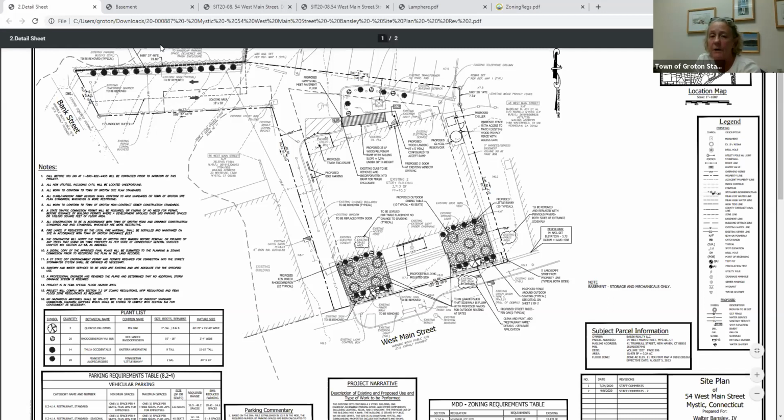But Bruce is right. The zoning regulations allow all the parking requirements to be satisfied by the validation program. I also just want to let you folks know that this month, Stonington and Groton are starting a parking management study. We've hired a parking management consultant to look at the areas on both sides of the bridge to see if there's a more efficient way to provide parking to visitors in Mystic.